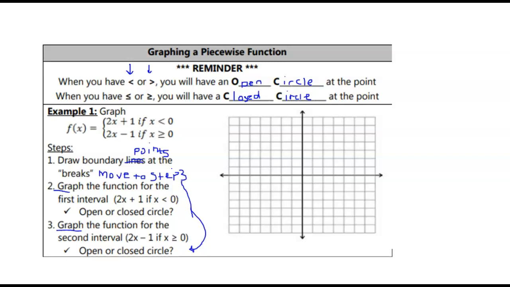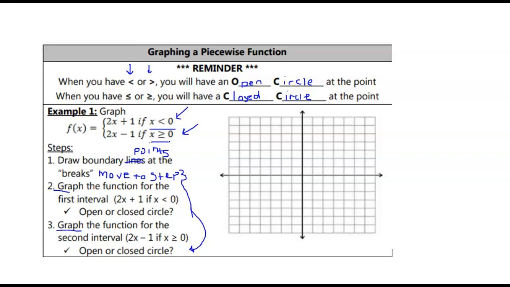All right, so let's start with this example. My boundary point is going to be where the disconnection happens. If I look at both parts of this piecewise function, the disconnect is happening when x is at 0. I can tell this because I've got one part that says when x is less than 0 and another part saying when x is greater than or equal to 0.